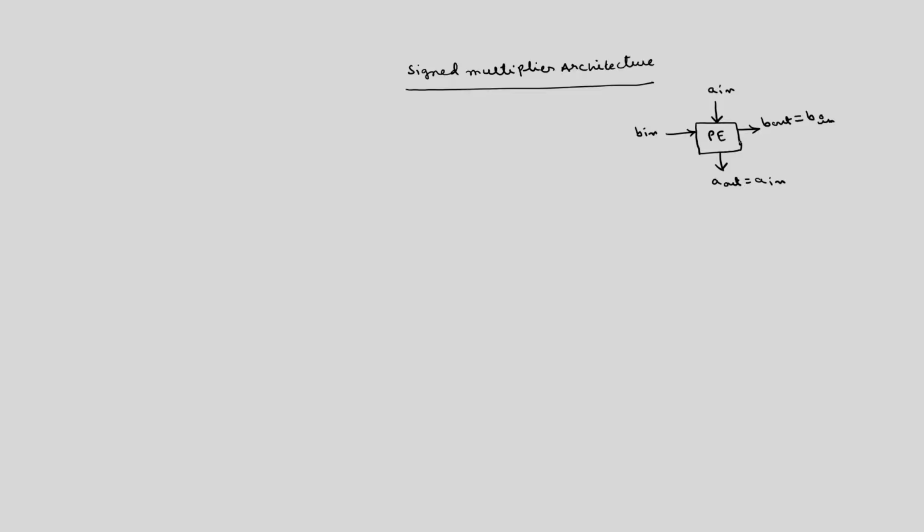Then the carry input, we are going to apply here C in, C out, and here we are going to use some input S in, and this is S out. So, S out plus C out we are going to write combinedly: S out plus C out is equal to S in plus C in plus A in B in.